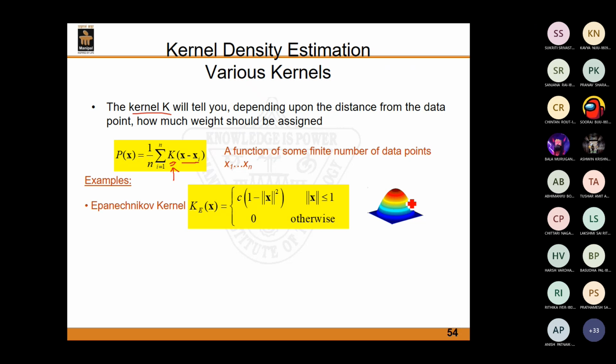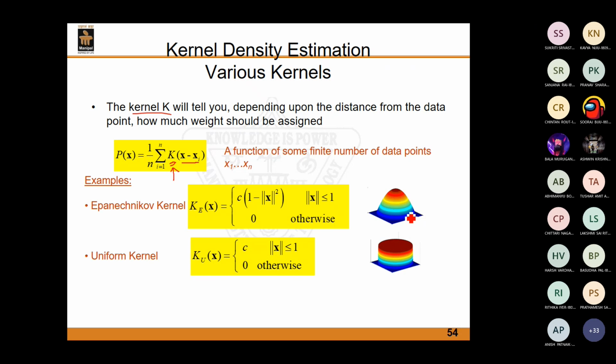This is how the distribution looks. Here also there is a difference in the weightage. The weights reduce with distance, but the reduction is not as rapid as in the Gaussian. In the Gaussian it is more spread apart, but you don't see that in the case of this kernel.